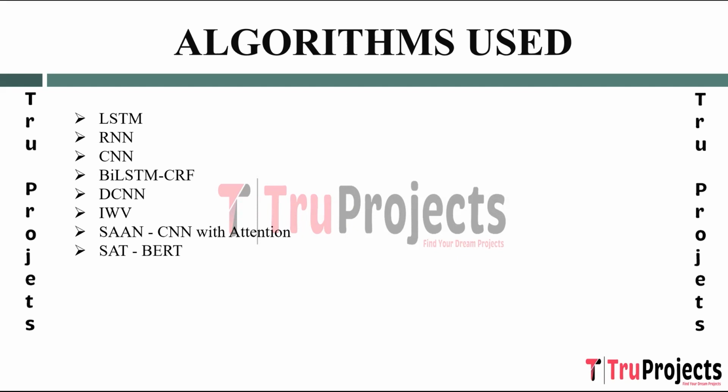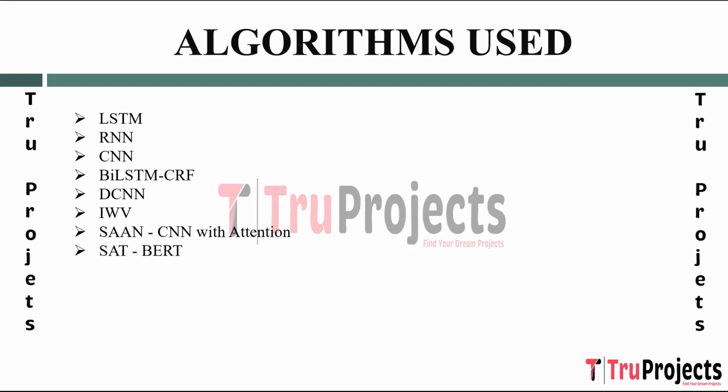SAT BERT, Self-Attention Transformer. SAT, also known as Self-Attention Transformer, refers to architectures like BERT, bidirectional encoder representations from transformers, that rely on self-attention mechanisms for processing sequential data. BERT-based models utilize transformer architecture with self-attention mechanism to capture bidirectional context from input text data.